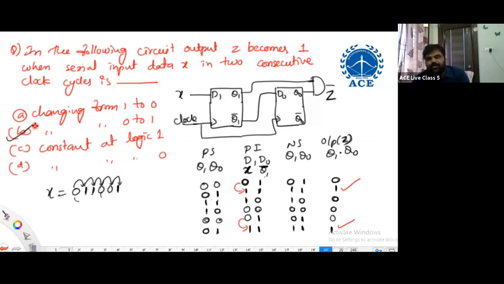This was a GATE ECE question, from 2012, a simple 1 mark question. Whenever X changes from 0 to 1, Z becomes 1.